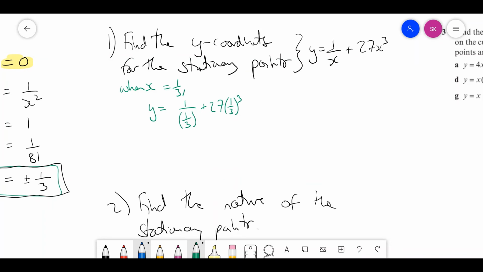We can also say when x equals negative a third, because remember there were two solutions, y equals 1 over negative a third plus 27 times (negative a third) cubed. You can type it into your calculator. You end up with y equal to 4 here, y equal to negative 4 here. So the stationary points are (1/3, 4) and (negative 1/3, negative 4).